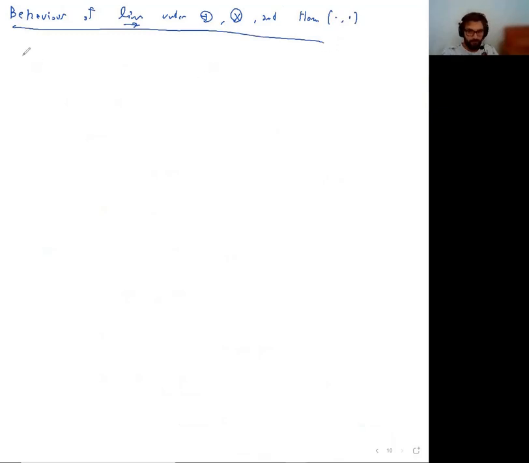Okay, so let's say that A_j with phi_ij is a directed system of R modules. So not R_i modules, just R modules. And let's take A, an R module. Here I'm not saying that A is the limit, just another name.